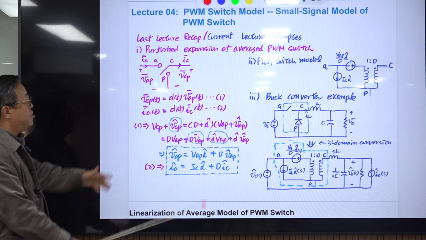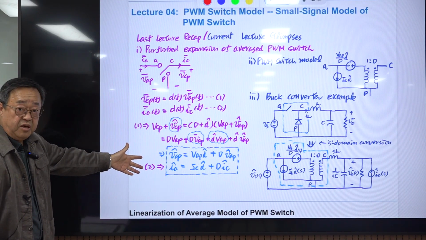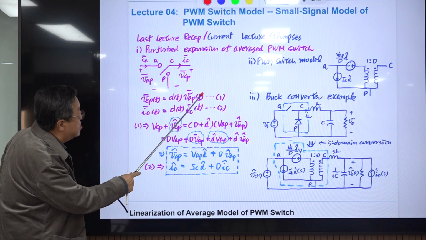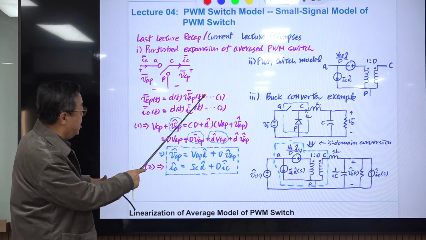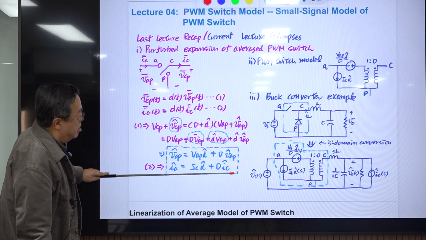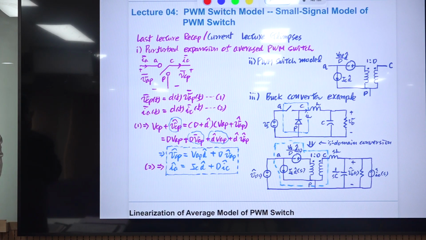Okay, so this is the small signal equation of the PWM switch. So far we only considered time varying functions. I omitted the t here, but assume every variable is defined in the time domain. Later on, we will convert this into the s domain.